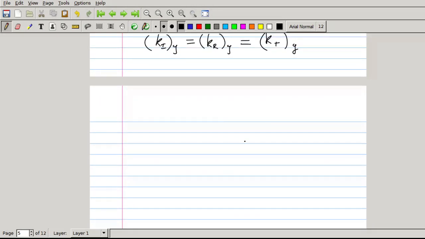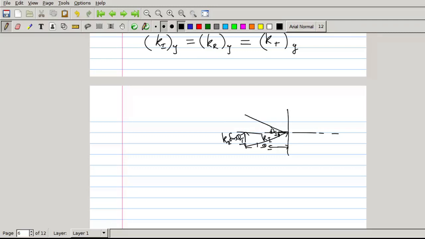I'm drawing the diagram here. This is the interface. This one is ki, the incident wave, and this angle is theta. If I resolve this into two components, its y component will be ki sin theta.